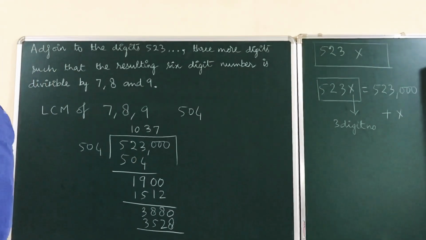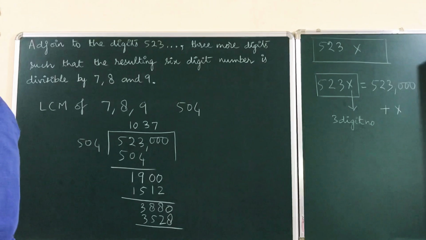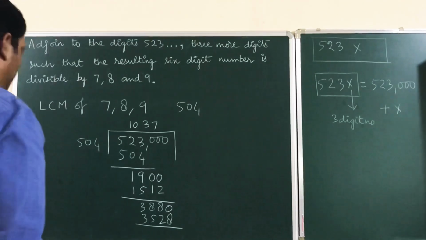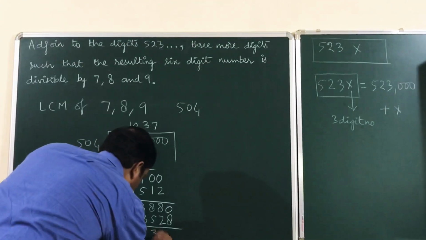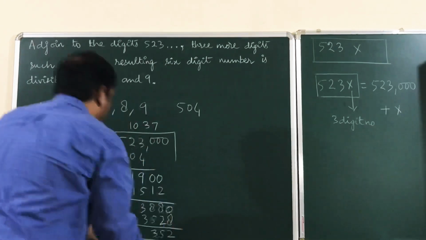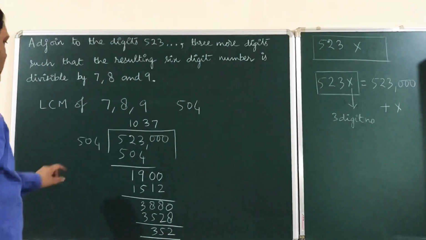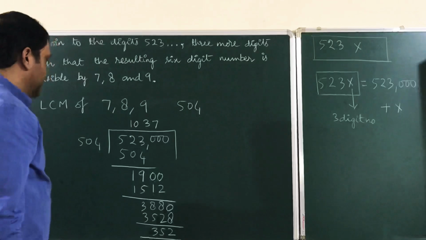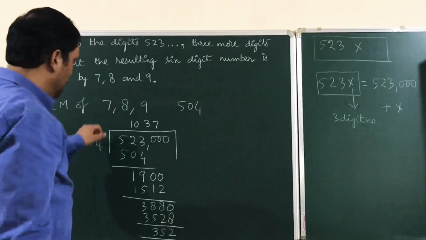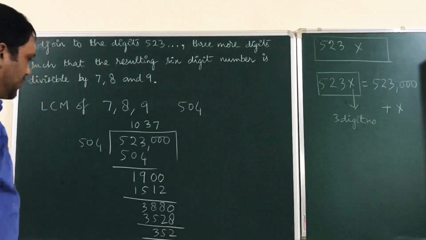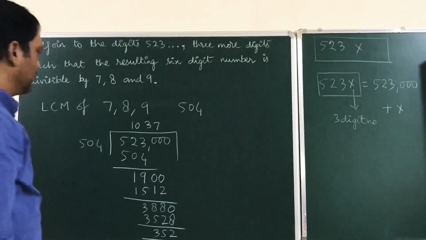So the remainder which we will get is 352. So when I'm dividing this 523000 by 504, the quotient I'm getting is 1037 and the remainder I'm getting is 352.